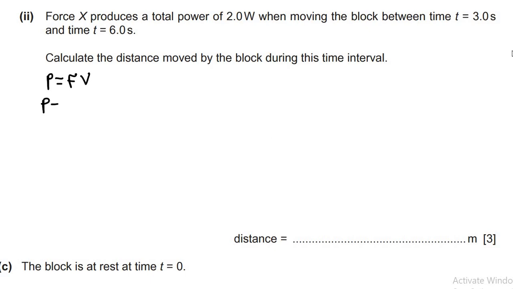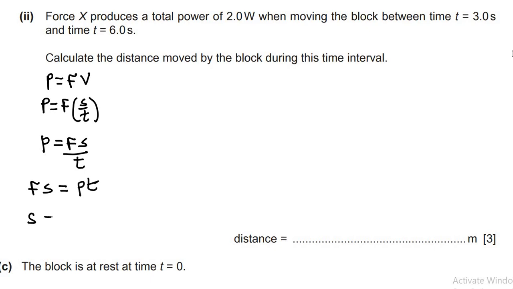Since in this case velocity is constant, the formula for velocity will be distance over time. We are looking for the distance, so power is Fs over t. So when we cross multiply, Fs equals Pt. Make s the subject of the formula: s equals Pt over F.